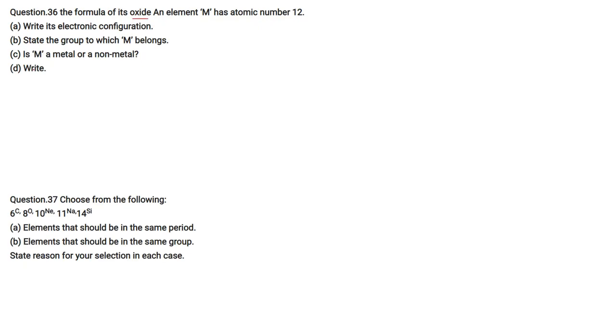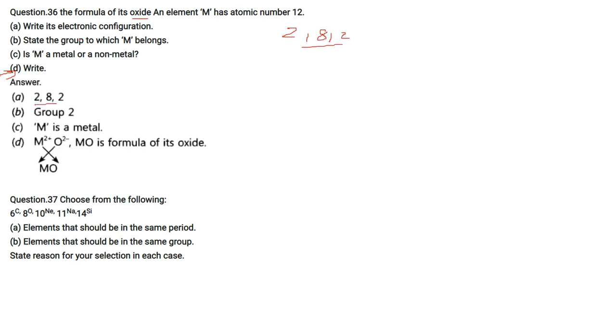This will be the fourth one we'll be talking about, where the element M has atomic number 12. The electronic configuration is 2, 8, 2. State the group to which M belongs. It is group 2. It is able to give 2 electrons, that is why it is a metal.